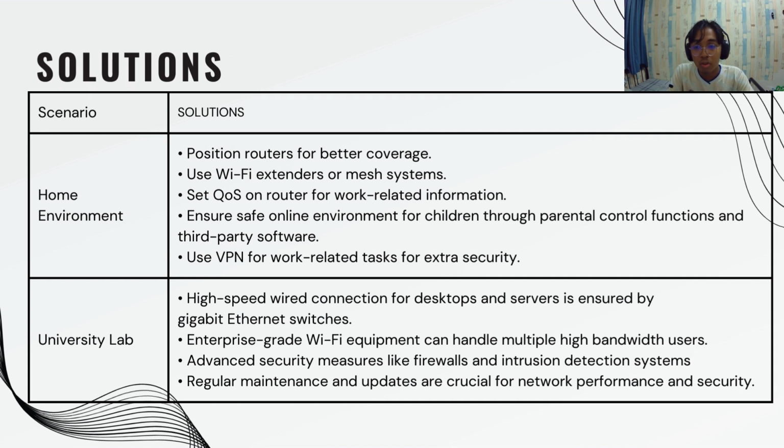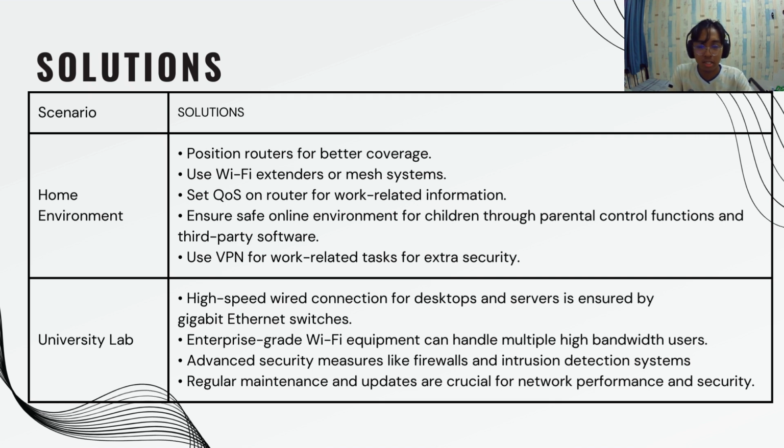These tools allow you to set restrictions, control access to websites, and monitor usage. Implementing parental controls helps create a safer online environment for children, protecting them from inappropriate content and potential online threats. This also allows parents to manage screen time and ensure a healthy balance between online and offline activities.